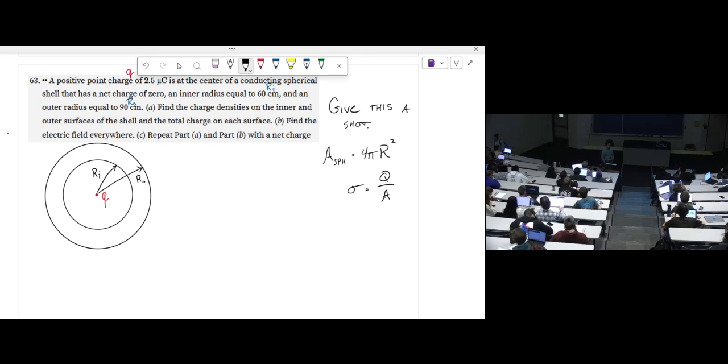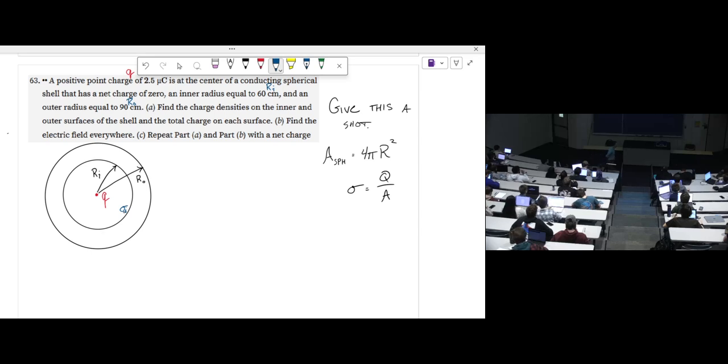So how would I calculate the surface density on this inner wall, sigma sub I?